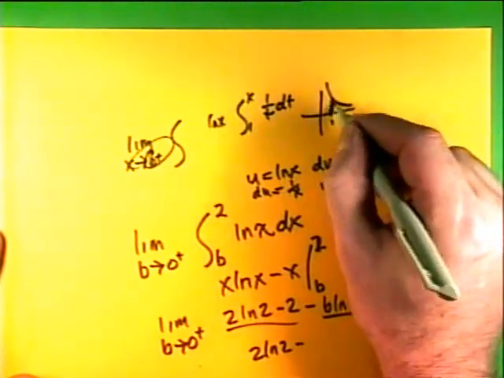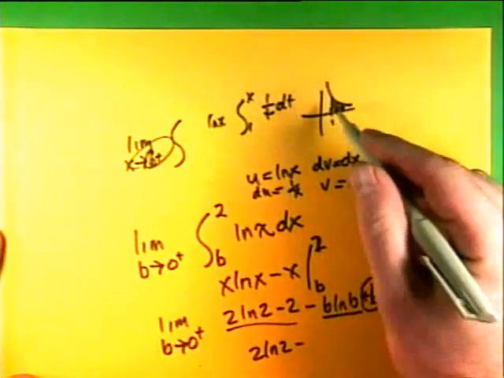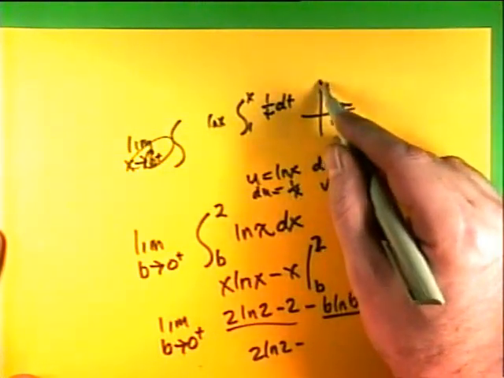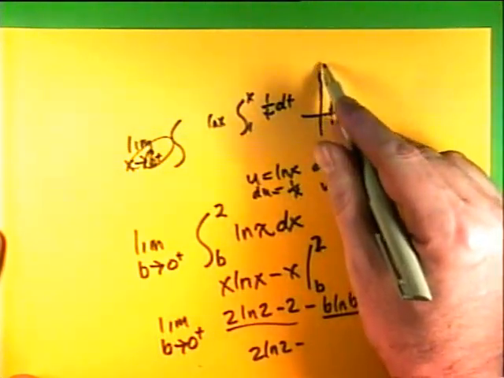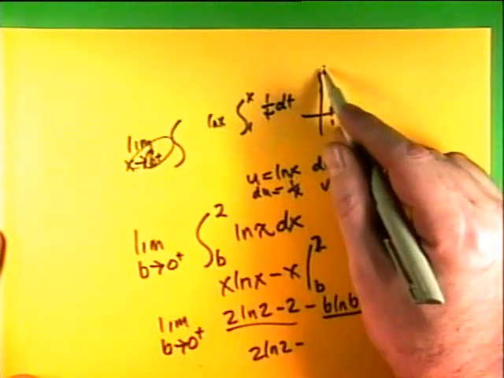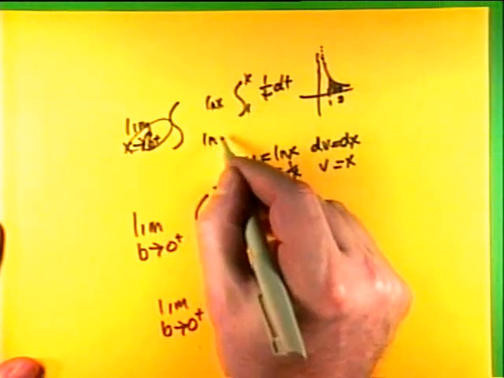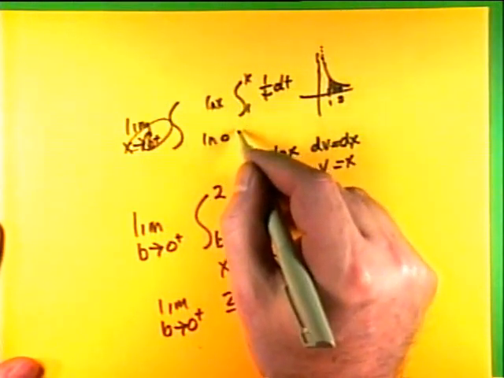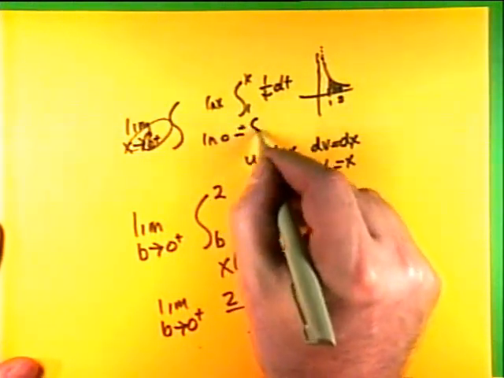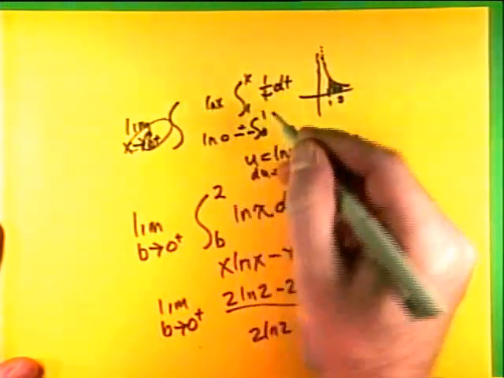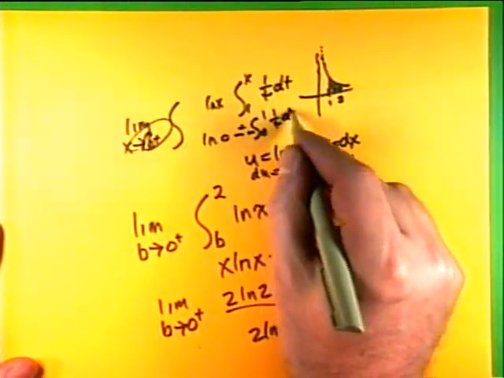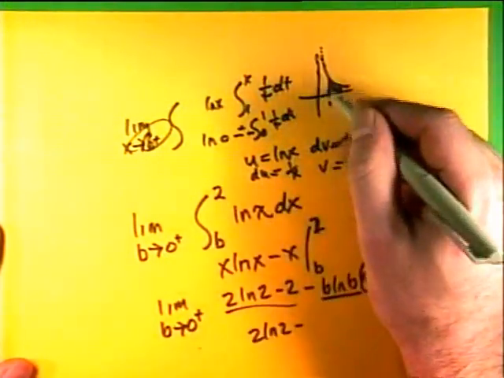Like the natural log of 2 is this area from 1 to 2. Well, the natural log of 0 doesn't close off here, so it's this area if it's less than 1. It never reaches 0. Like the natural log of 0 is equal to the negative of the integral from 0 to 1 of 1 over t. So it's like negative, and this is like infinity. You sort of see that?